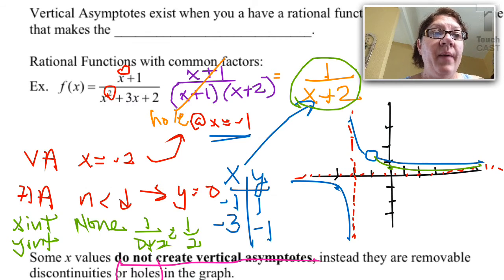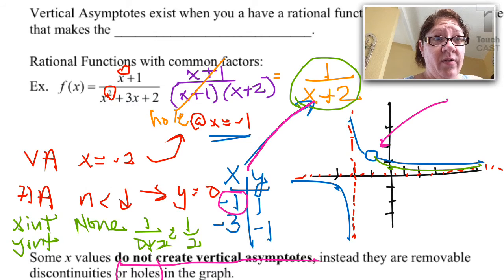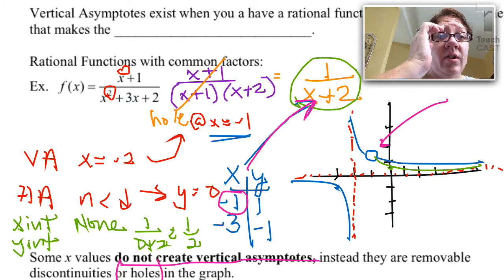So what could happen with this is if I wanted to remove that, then I would simply have to define the function for whatever the limit is. So I actually know what the limit is because once I canceled that out, I plugged that number in at -1 because it didn't make this new function illegal.